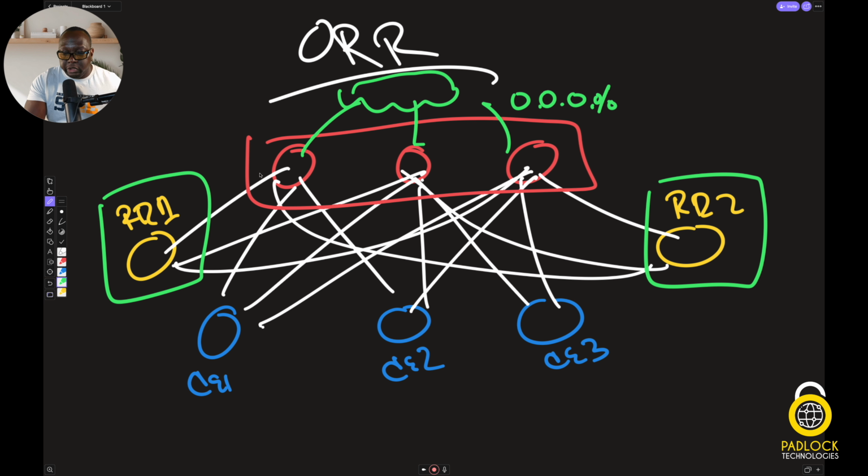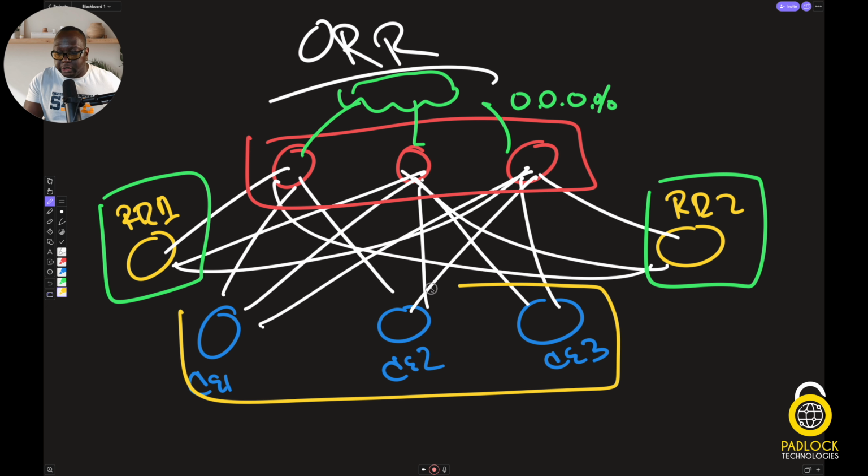So when these paths come in, the route reflector will run its calculation, and based on the IGP metrics, it will say, okay, this is the best route there, right? This is the best route there. The problem is that might not be the best route for any of these CEs down here. And that's the problem with using route reflectors.